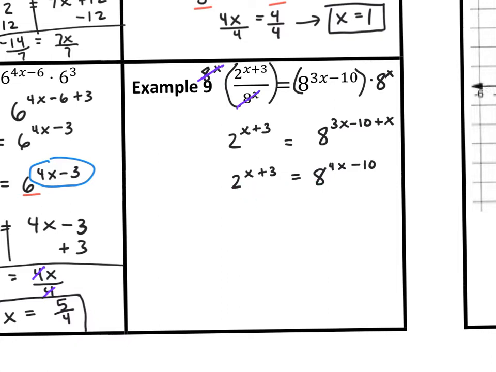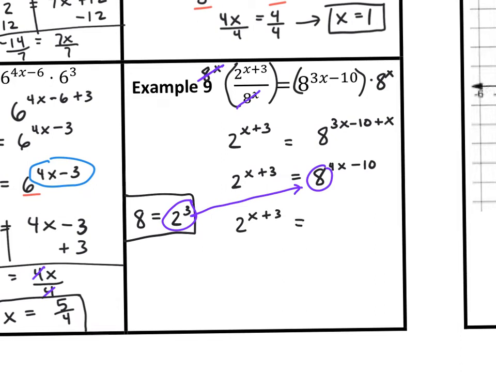And what should come to mind is that 8 is equal to 2 to the power of 3. So again, this is kind of a side thought. And so I can make a substitution here, replace it. Right, so it's going to be copy the left side, and I'm going to replace 8 with 2 to the power of 3, and then I'm going to copy 4x minus 10.